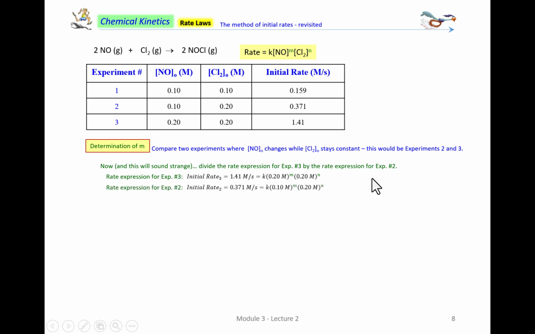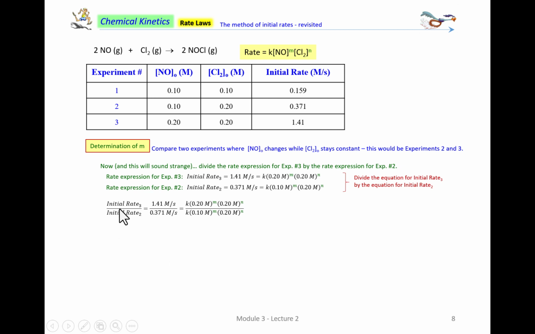That would be our rate expression for experiment number 3. Likewise, we can get a rate expression for experiment number 2. The rate would be 0.371 equal to a rate constant times a concentration of NO, which is 0.1 molar raised to the m power, times a concentration of chlorine, 0.2 molar raised to the n power. And now we will literally divide the equation for the initial rate of experiment 3 by the equation for the initial rate from experiment 2.